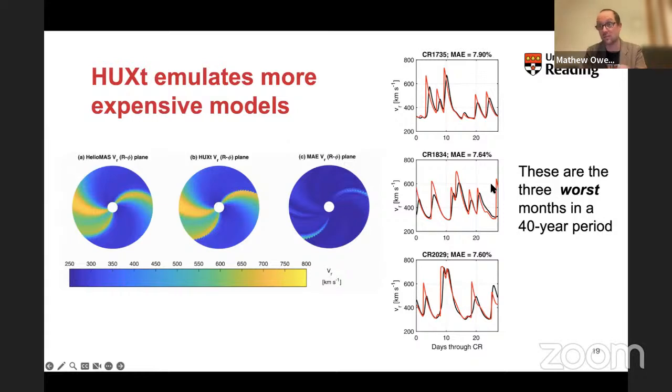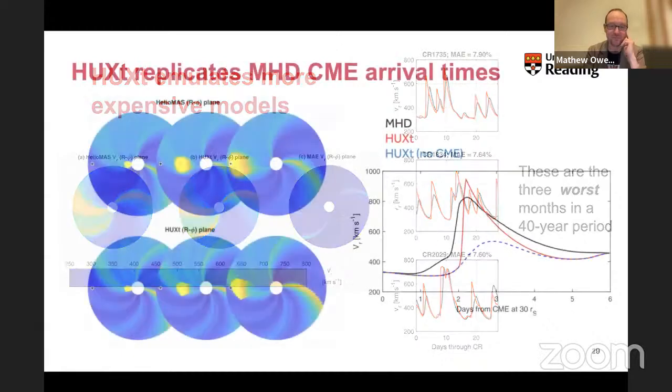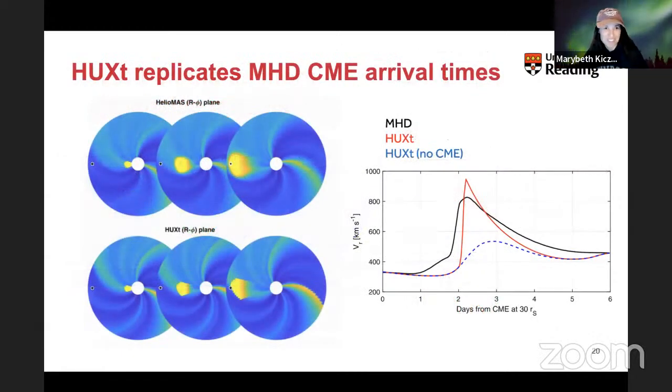So there is some difference in these ones because these are the absolute worst of the bunch, but it's still pretty close. If you're just interested in where's the fast wind, where's the slow wind, it's doing a pretty good job. And let's be honest, 3D MHD is not right either. It itself is an approximation. Yeah, it's pretty impressive, really.